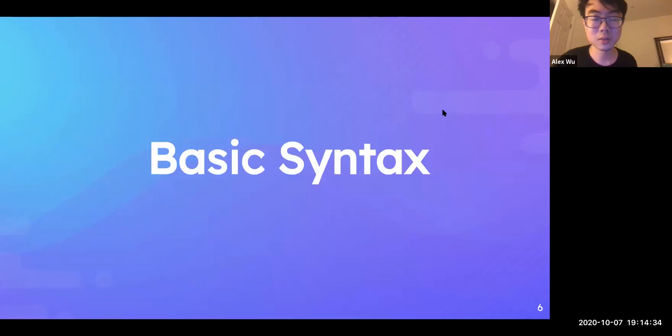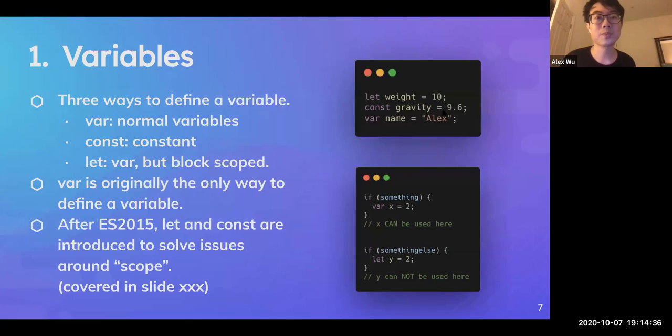Okay. Now basic syntax. So first of all, variables. Variables are the building blocks of any programming language, and it's very important to study variables. Actually, in JavaScript, variables can be pretty tricky. And there are three ways to define a variable. First of all, it's the var keyword.